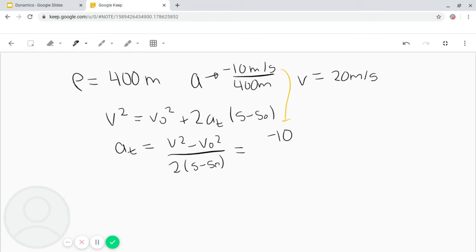And we know that it is over 400 meters, which again comes from there.